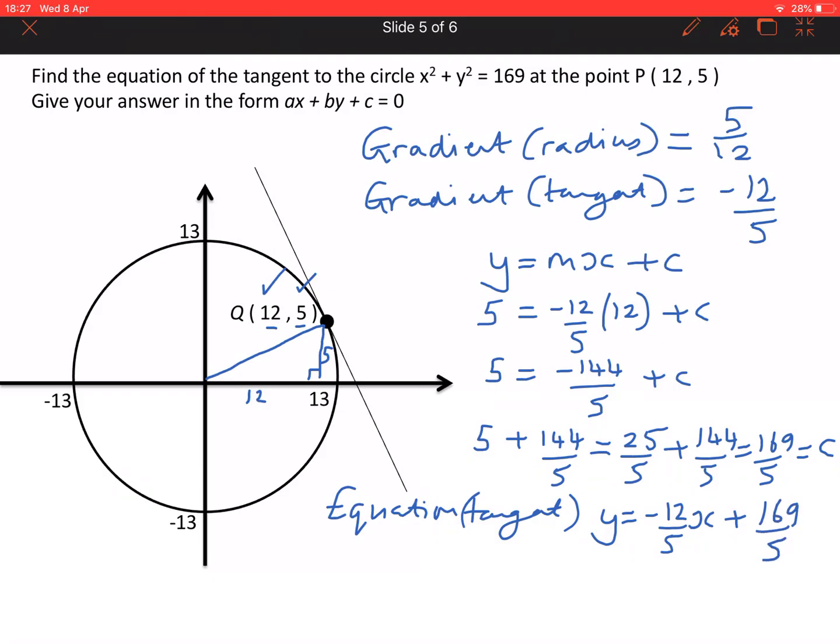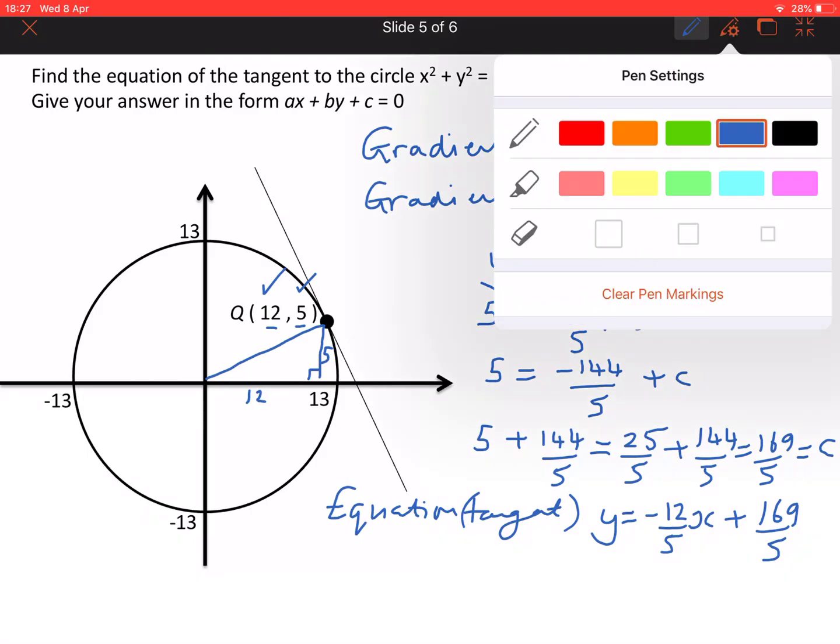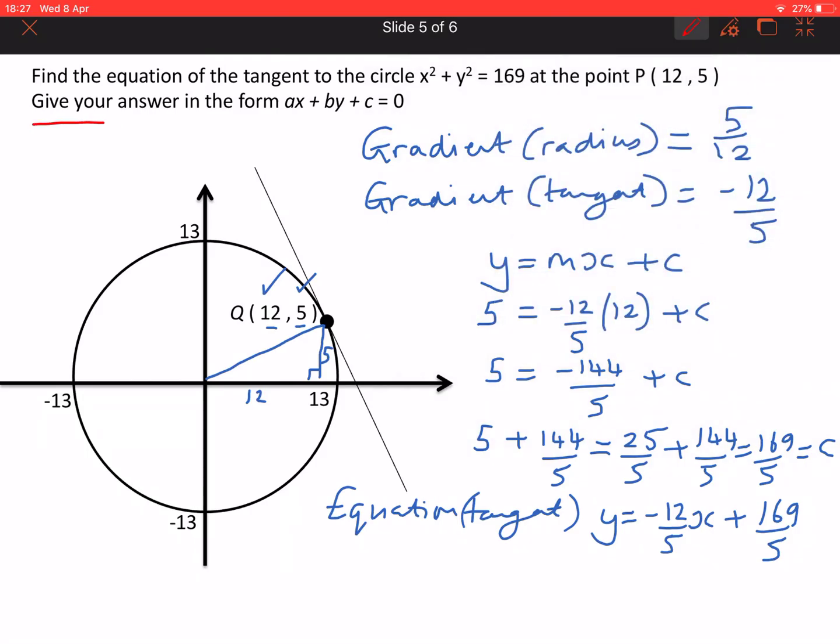Now, did you read the full question? Because it wanted the answer in the form ax plus by plus c equals 0. So I'm going to have to get everything on one side with 0 on the other. So I'm going to have to add 12 over 5 x and take 169 over 5 to make the right hand side 0.